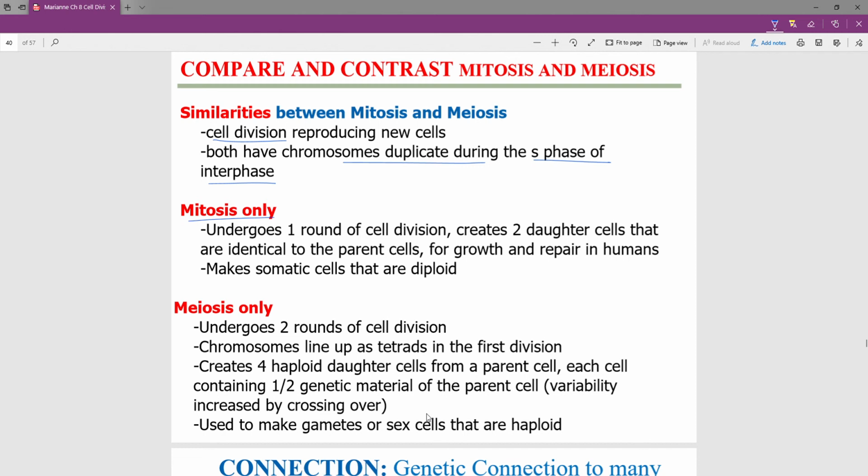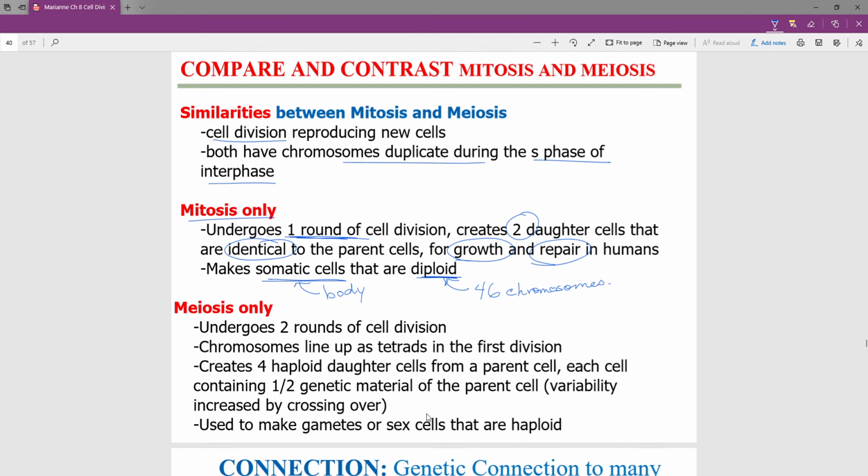In mitosis, the purpose of mitosis is for growth and repair in humans or reproduction if you're a single cell organism. There is one round of cell division, and what gets created are two daughter cells that are identical to the parents. It makes somatic cells, and remember those are body cells, that are diploid. And diploid in humans is 46 chromosomes.